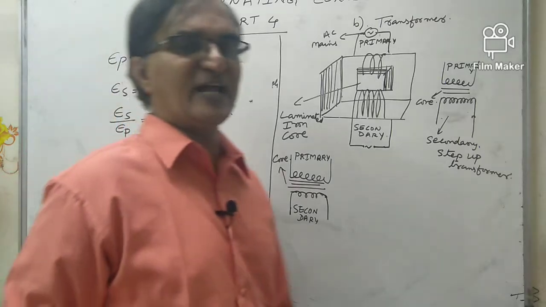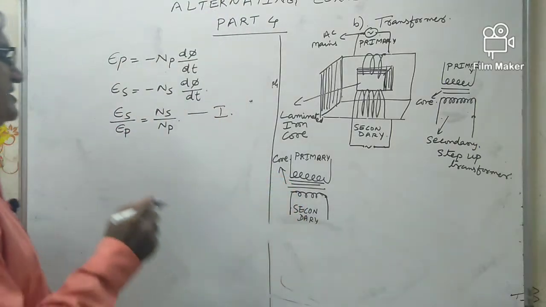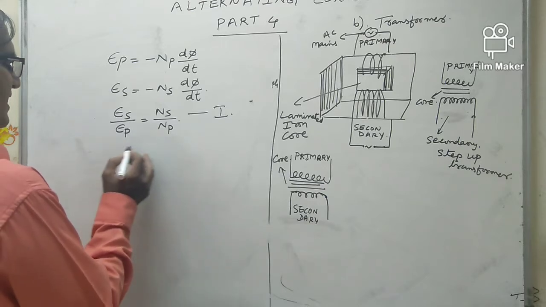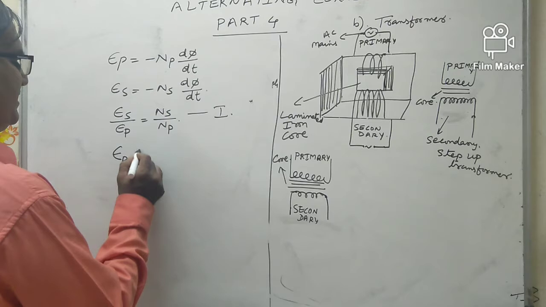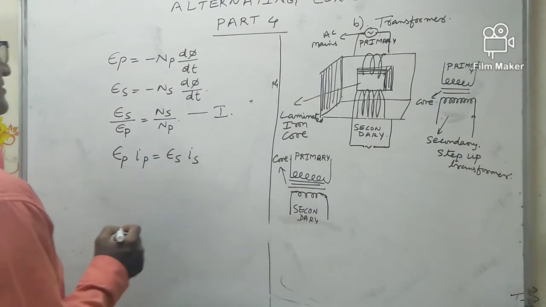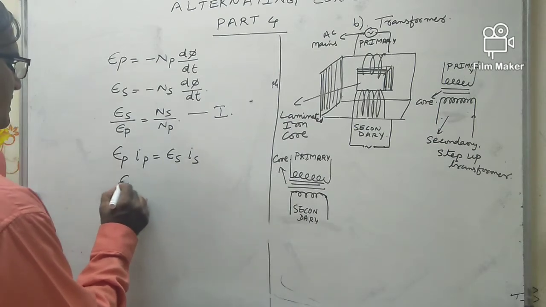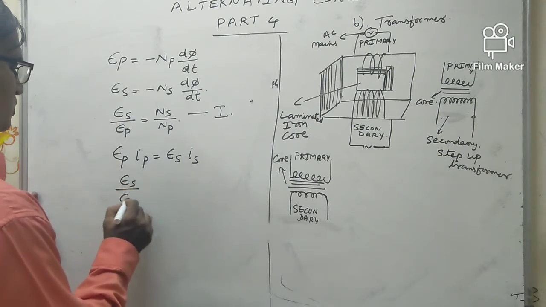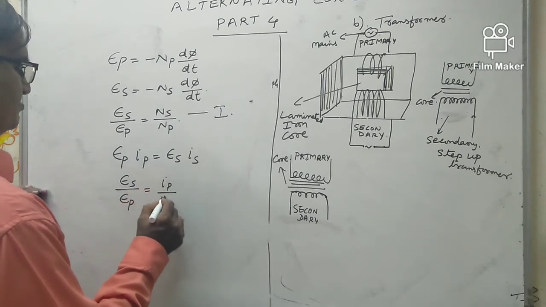If the transformer is ideal, that is 100% efficient, power in the primary is equal to power in the secondary, we can equate. Then power in the primary Ep into Ip is equal to Es into Is, we can write. Now you can write Es by Ep is equal to Ip by Is.